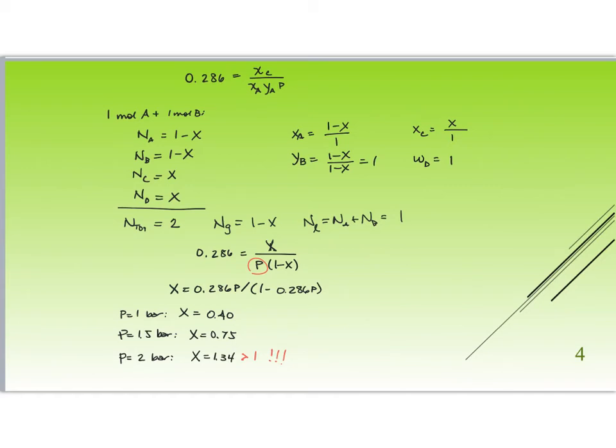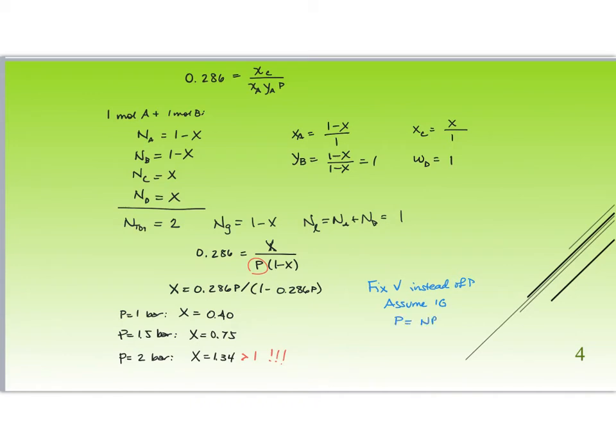So one thing you can do is say that you fix the volume instead. And if we assume an ideal gas, you don't have to assume an ideal gas, but it's just easy to show you very quickly what happens.